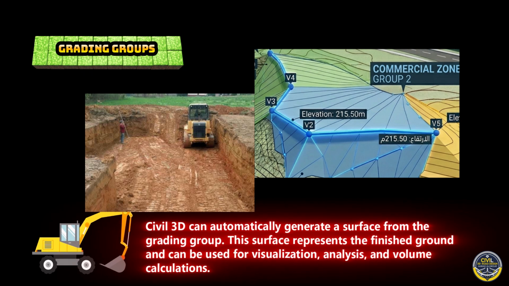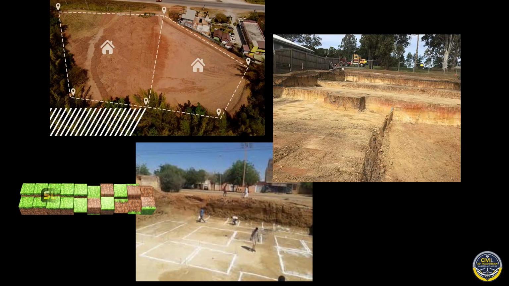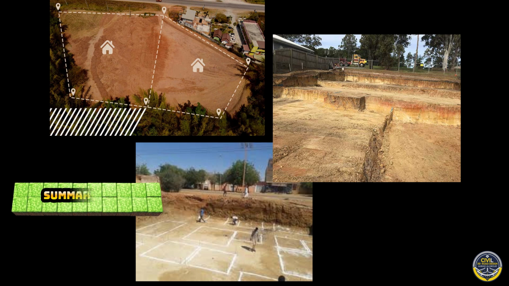Before creating grading, it's important to decide how grading groups will be organized because they directly affect surface creation and volume analysis. This means grading is part of the topology system discussed in previous lessons.